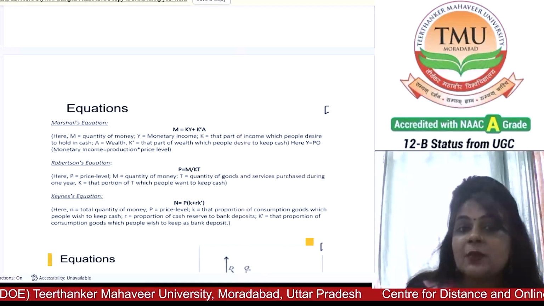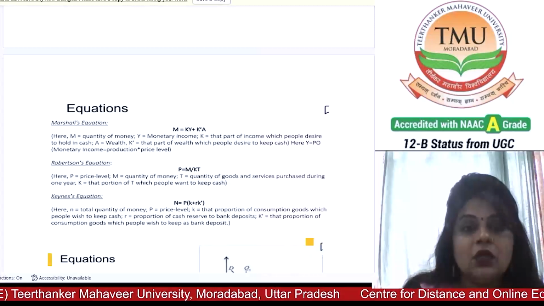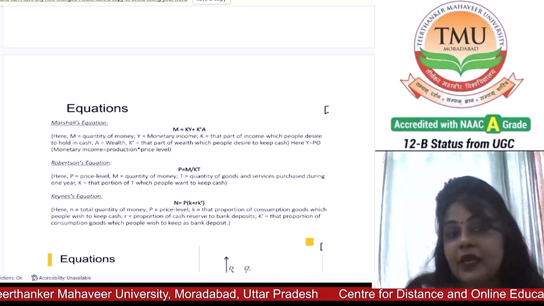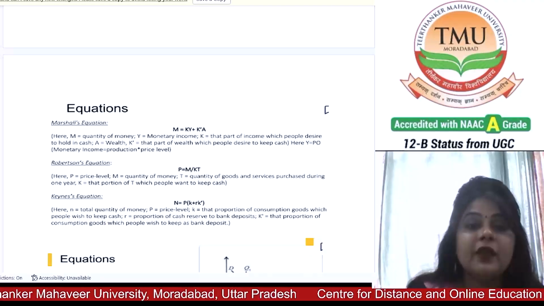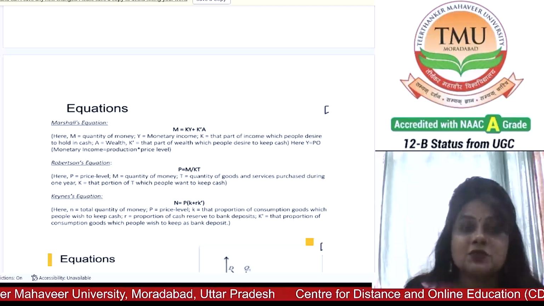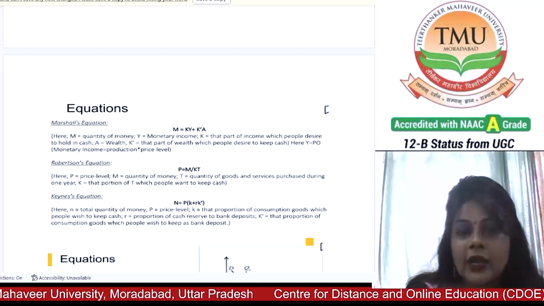So the cash balance approach states that it is not the total money, but that portion of the cash balance that people spend which influences the price level. Most people hold a cash balance in their hands rather than spending the entire amount all at once.